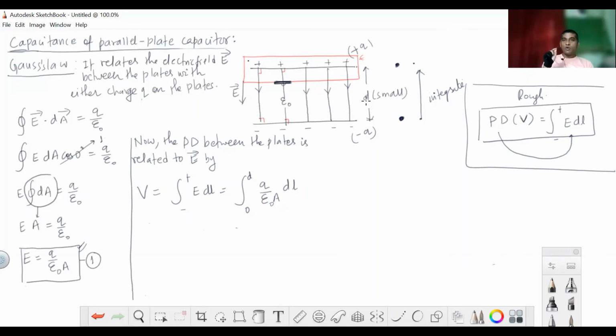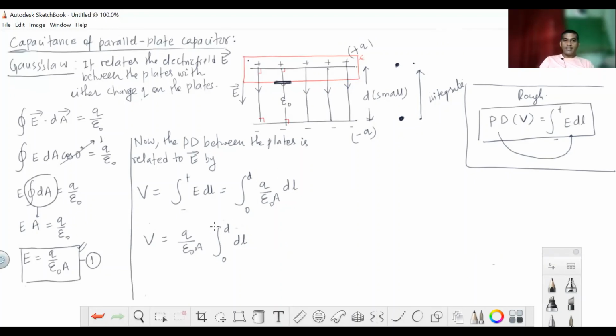Now we can write V equals Q by epsilon 0 and the integration from 0 to d of dl, because Q is constant, epsilon 0 is constant since we are taking free space or vacuum between the plates, and A is constant.